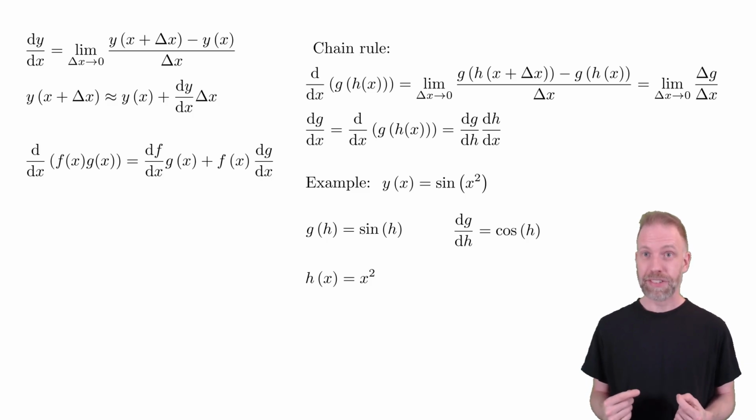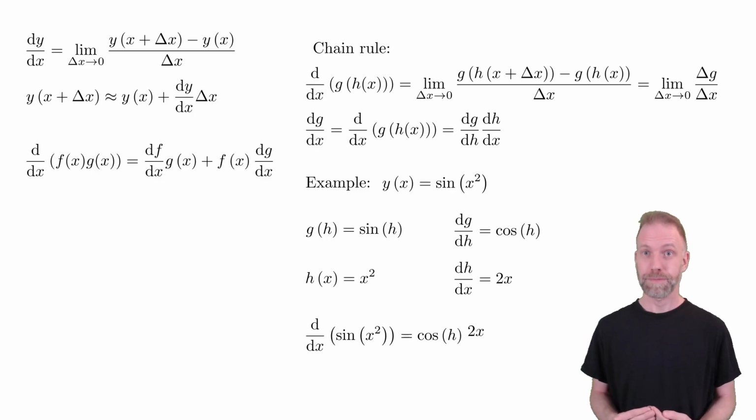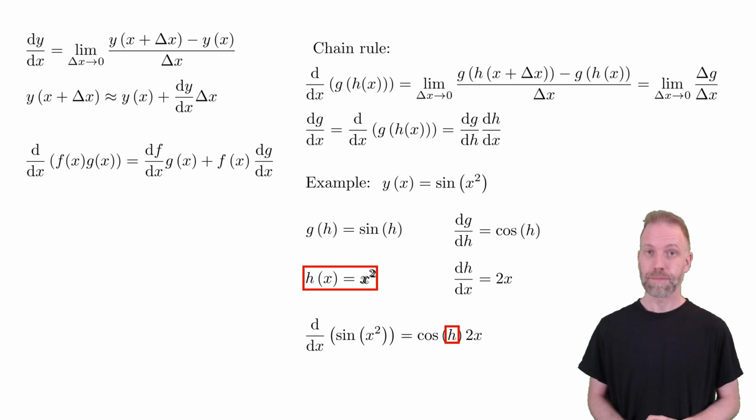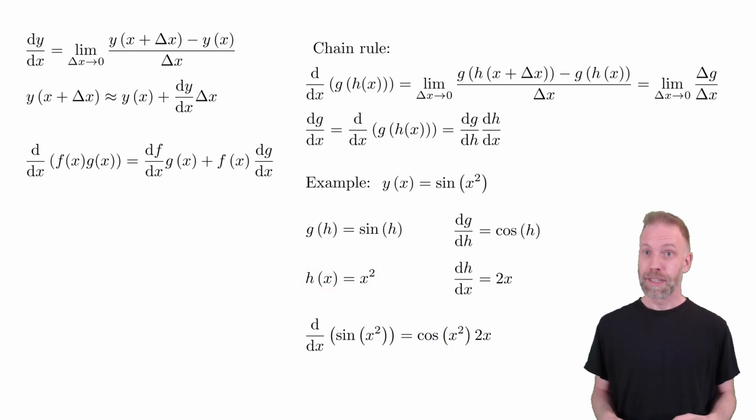The derivative of h with respect to x is 2x. To get the final result, we insert the two derivatives according to the chain rule. Next, we replace the expression for h with x squared. And the final result becomes cosinus x squared times 2x.